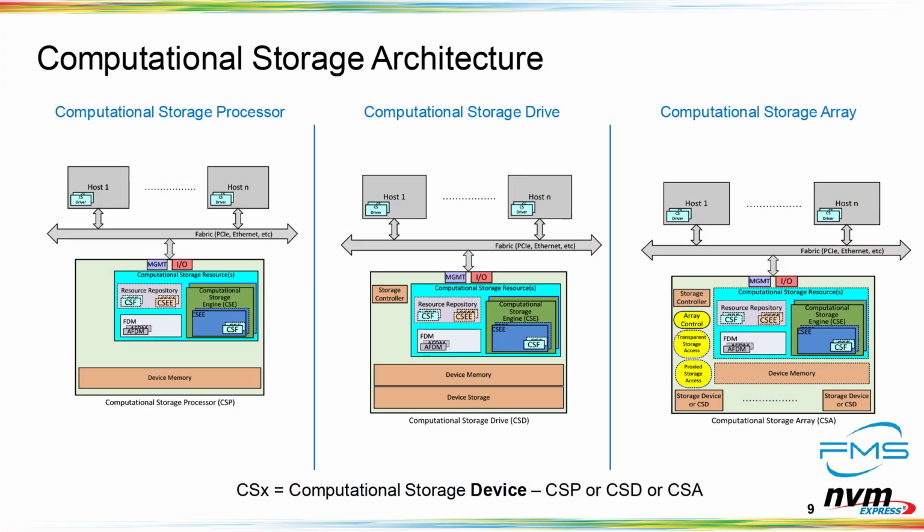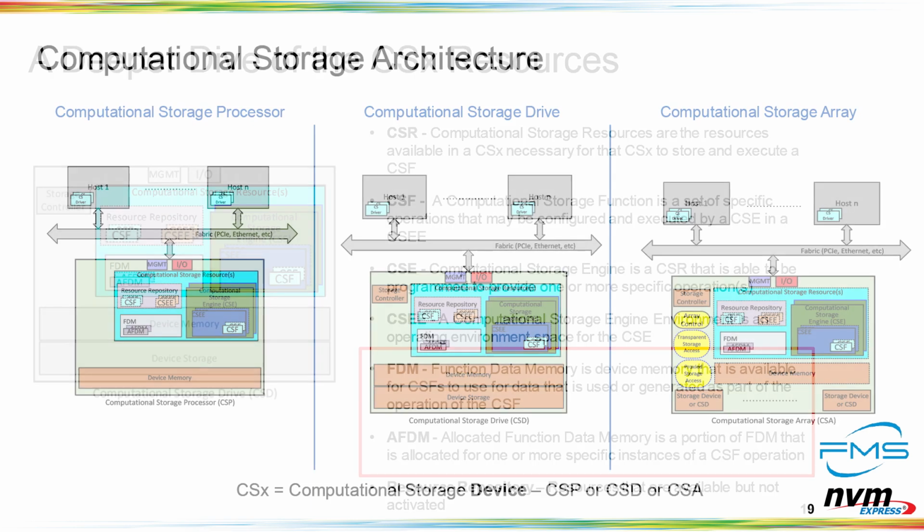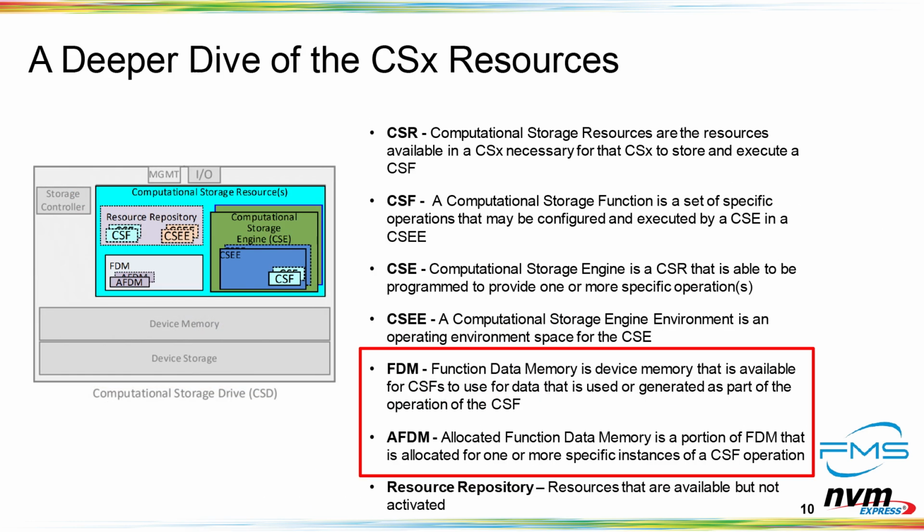Computational storage architecture is an architecture that was written up by SNIA, but it's being used in computational storage for NVMe. In particular, we're focusing on the middle device here, which is the computational storage drive, and we're focusing on a small piece of that. There are several components defined in computational storage, but in particular, there is the memory that is used for the computation to operate on and to store its results into.